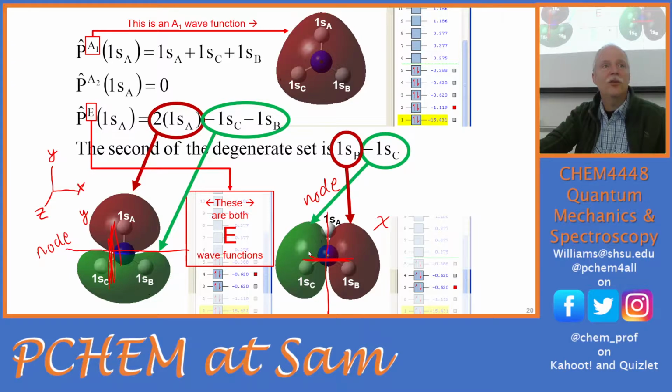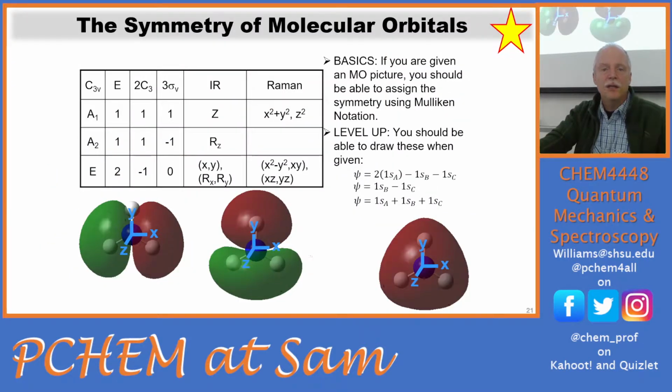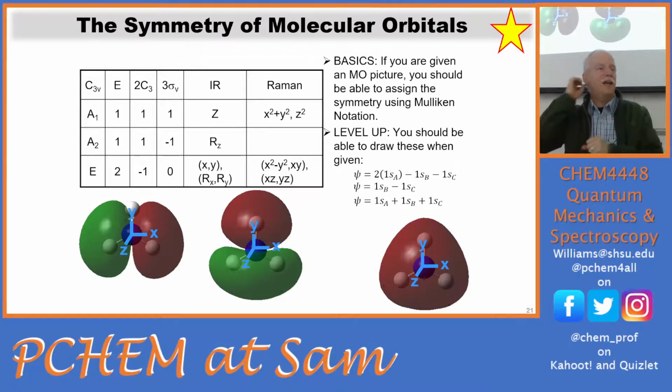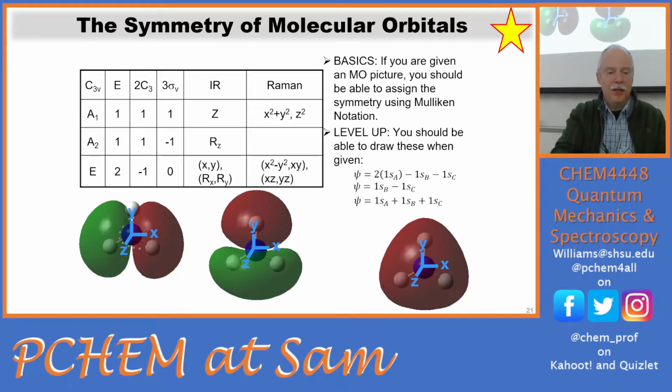Okay, it's definitely doable. So these symmetries are the molecular orbitals. You should be able to take these pictures and assign their symmetries, though. So if you got all three of these pictures, you should be able to go to the character table and say, that's an E, that's an A1, or, if there was an A2, you should be able to see it. So you look at this orbital here, you draw the Cartesian system, you say this is changing color on the left and right, the x-axis.